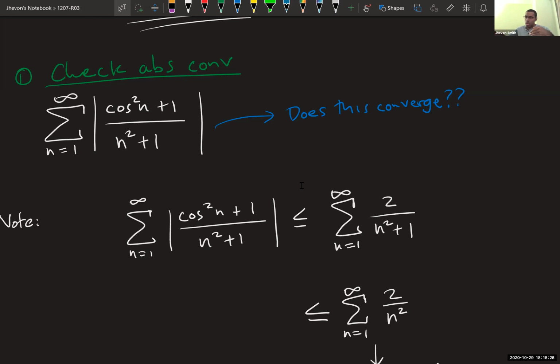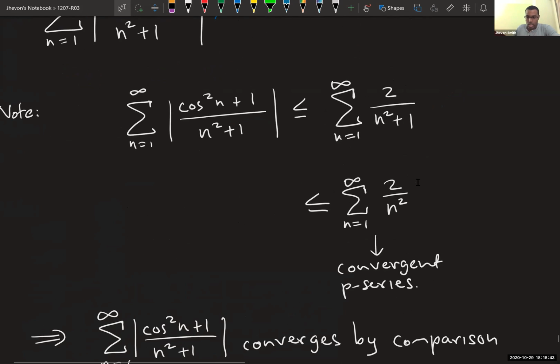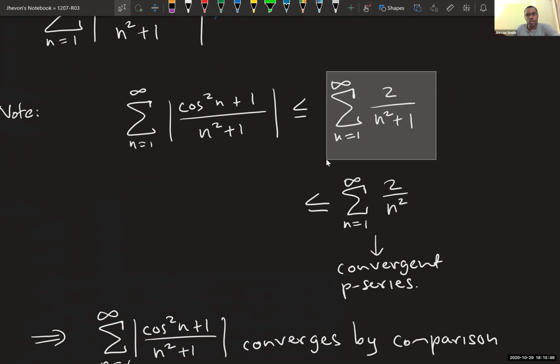If it's squared, there's a 1 over here, there's a 0 over there. So it automatically puts an inequality into your hands, which then makes you think of a comparison theorem, because comparison theorems are the ones with the inequalities, right? And so I just keep going to compare. By the way, here we could have shown that this converges by the integral test, but that of course would be more work. But it was also an option.